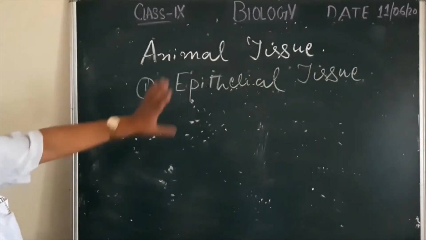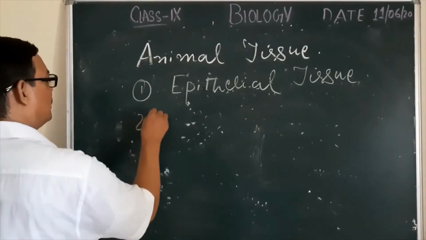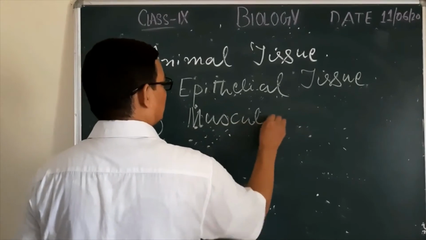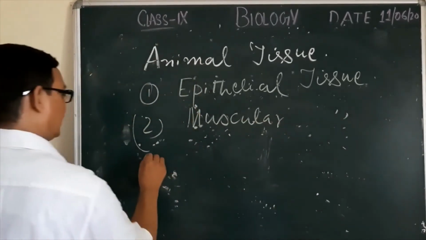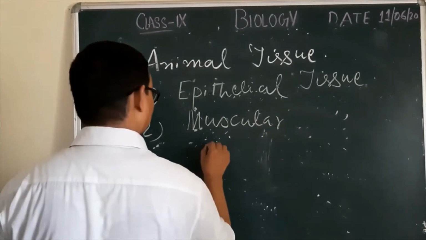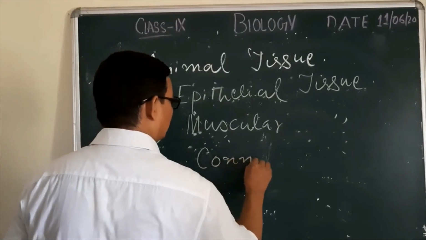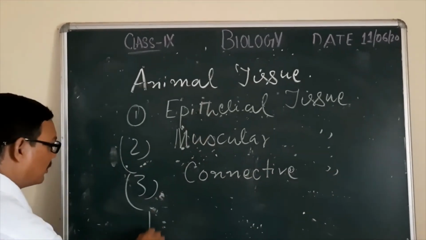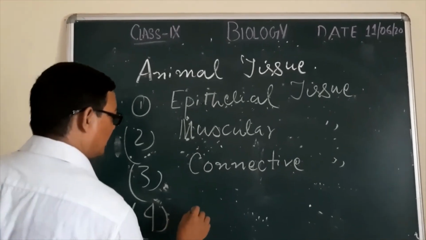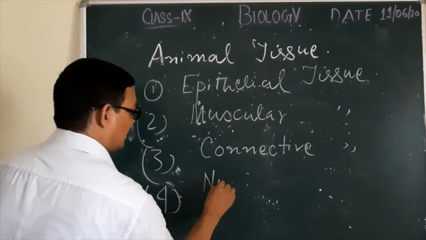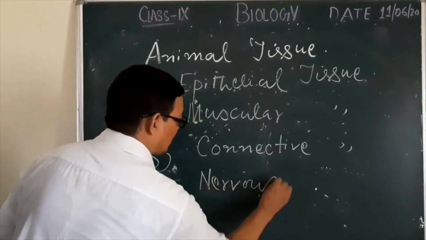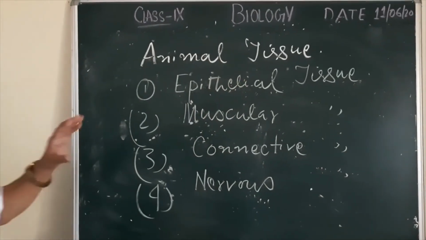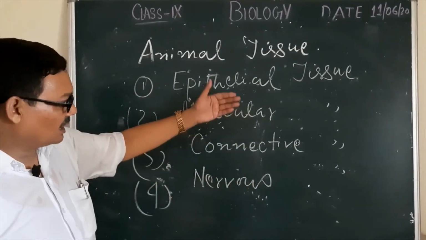Number 2, muscular tissue; number 3, connective tissue; and number 4, nervous tissue. So these are the four important types.